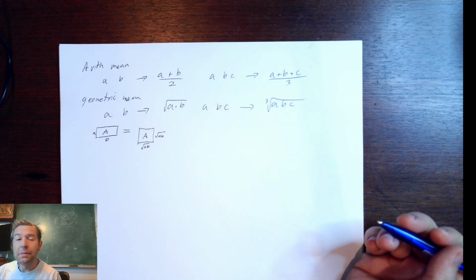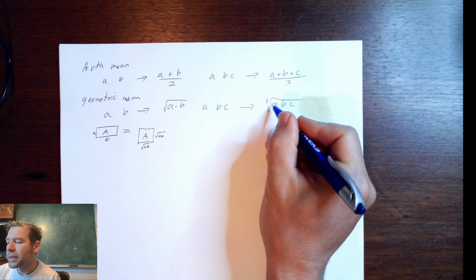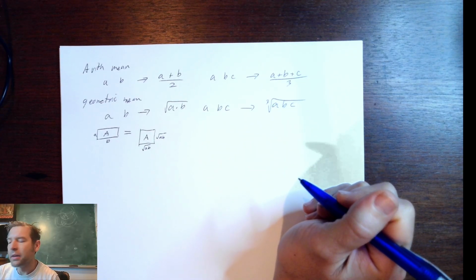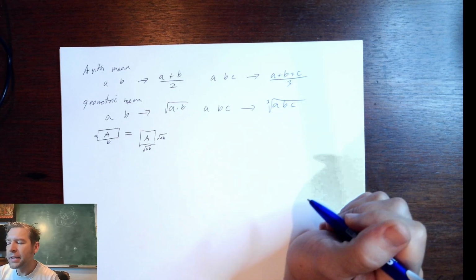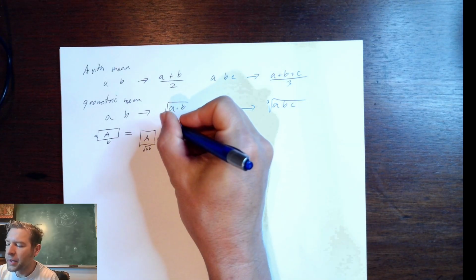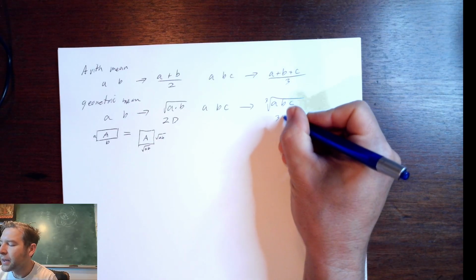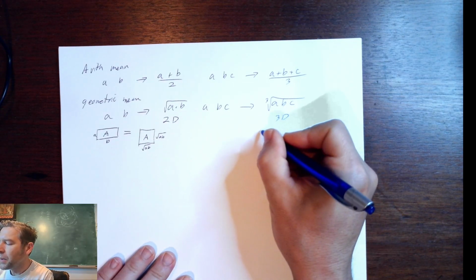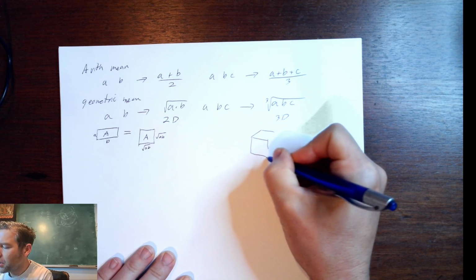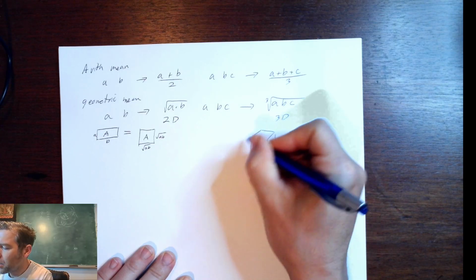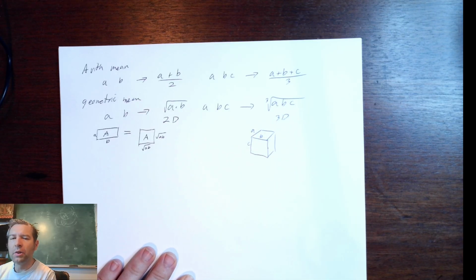Okay. And geometric means, again, have their analog in higher order. So we can take three things and multiply them together and take their cube root. And this is a three-dimensional version. So if this one is in 2D, then this one over here is living in 3D, where we can build a shape that is A by B by C, that would be a volume.